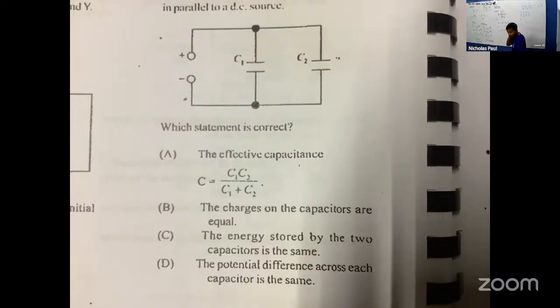What did we learn about voltage in parallel? It's the same. So what's the answer? D. The answer is D. The potential difference across each is the same. Have we learned that here? D, yeah.